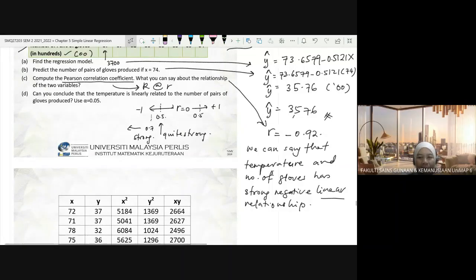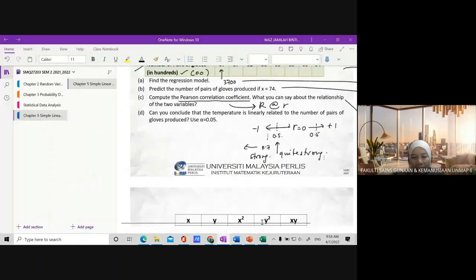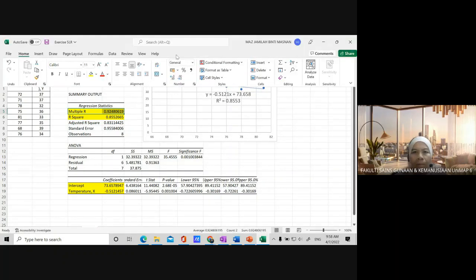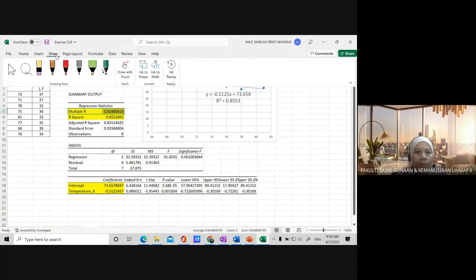And the last part, hypothesis testing. I don't want to go step by step; looking at the Excel result, let us just make our conclusion from here.